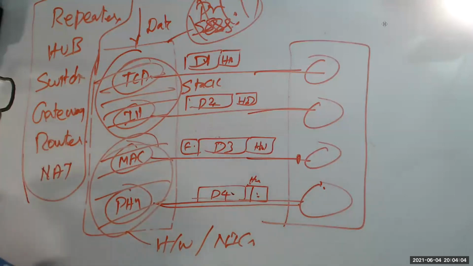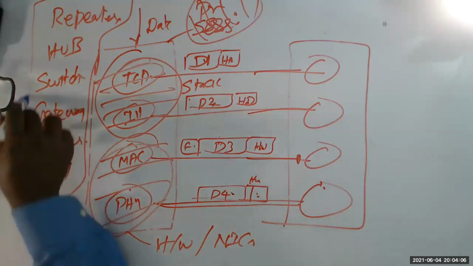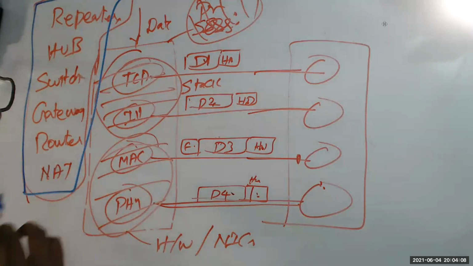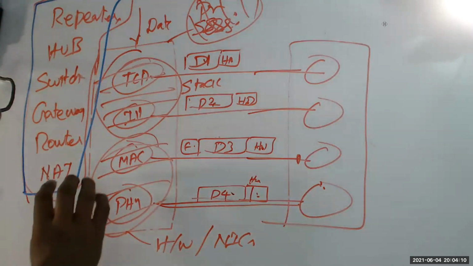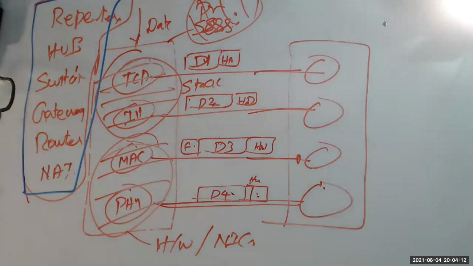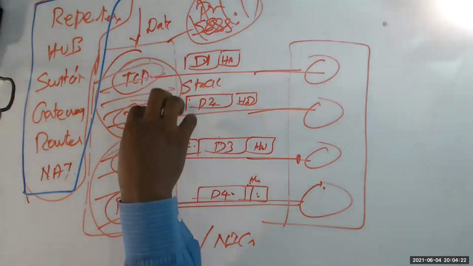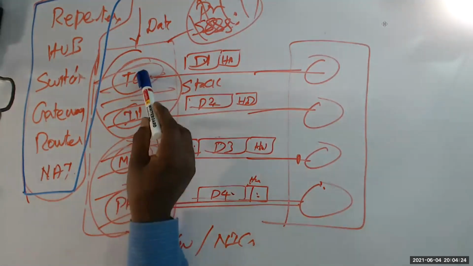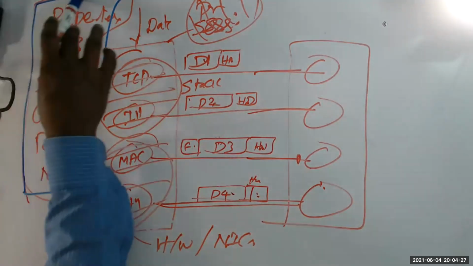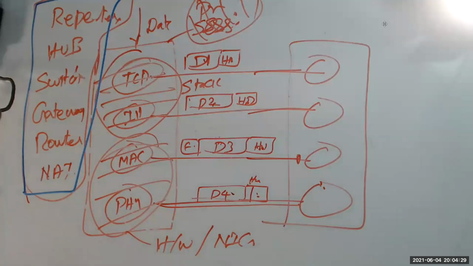Sometimes they say switch, sometimes router, somebody calls it gateway, somebody calls it NAT. What role each one is playing. Then with these 4 layers, TCP, IP, MAC, and PHY, and these 6 devices, things will be very clear.